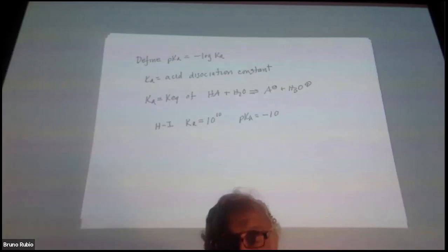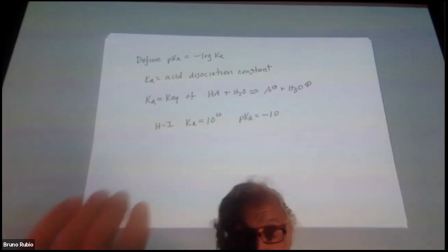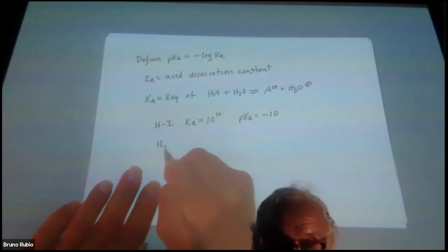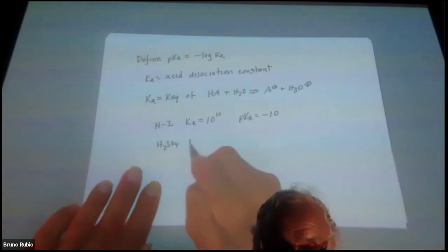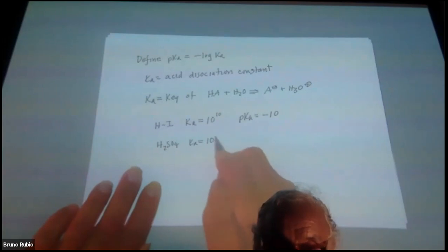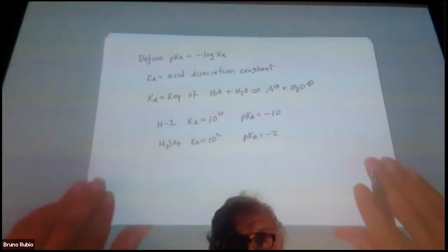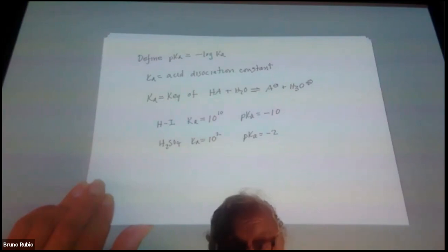So we notice that a strong acid has a large Ka, but it's going to have a negative pKa. So when we go down to something like H2SO4, its Ka, as we said before, was about 100. So its pKa is a minus 2. So the stronger the acid, the bigger the Ka, but the more negative its pKa.